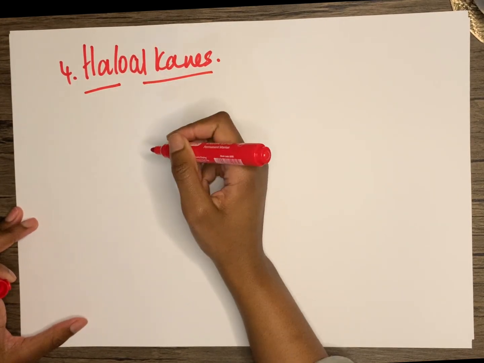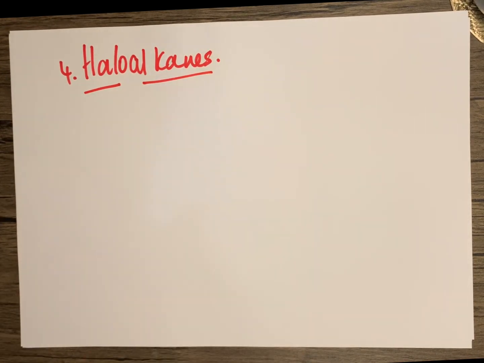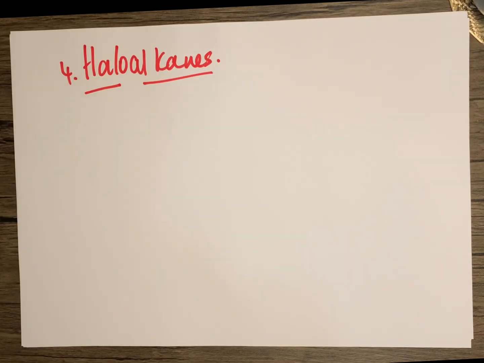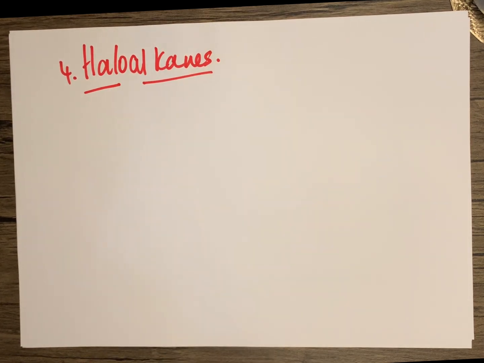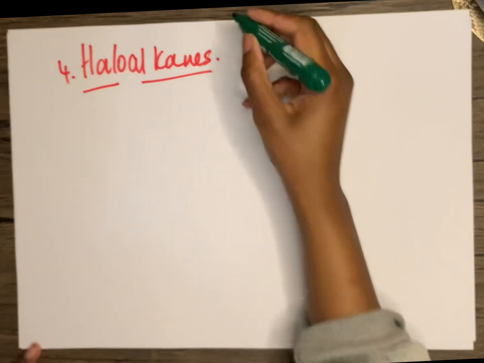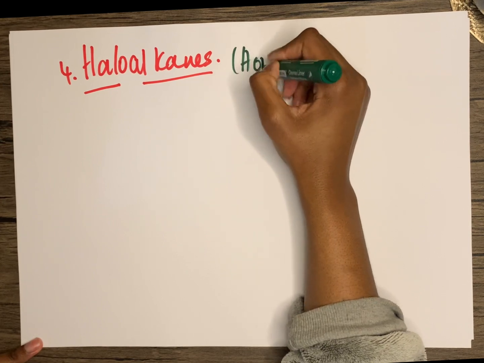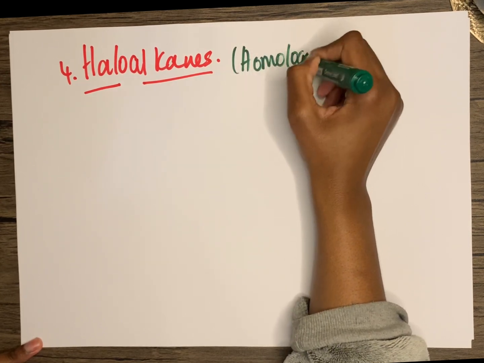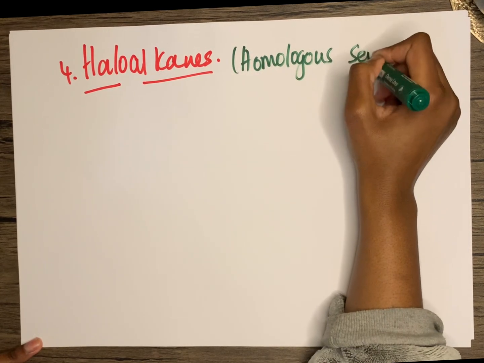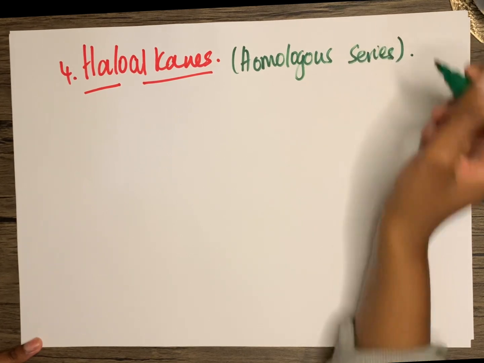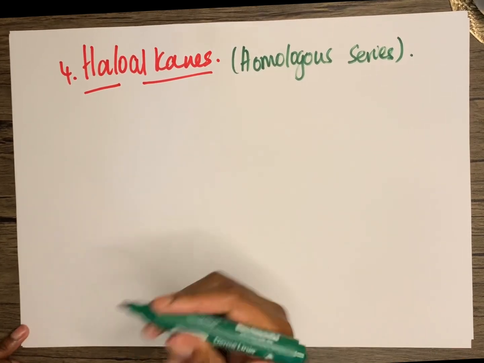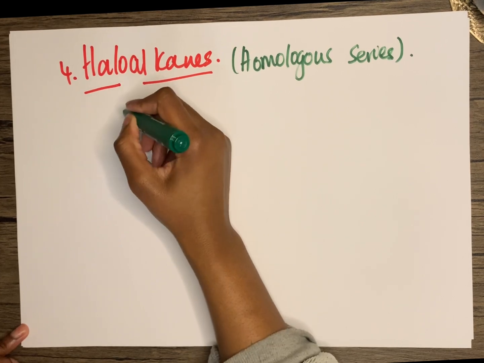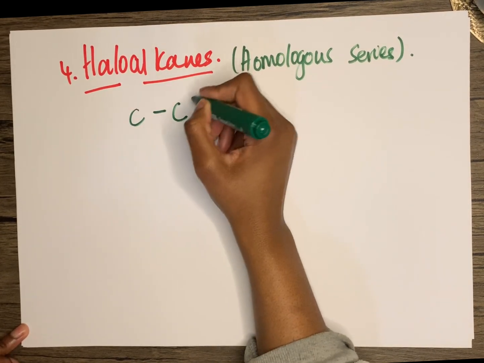So when you have haloalkanes, they also have their own general formula, and they also have their own functional group. So this haloalkane is again the homologous series. Right? And then when you have haloalkanes, the functional group can be represented like this.